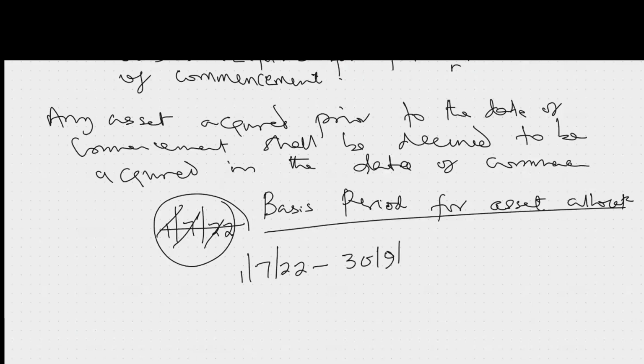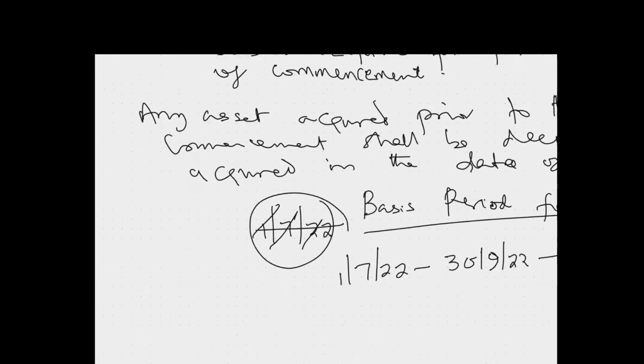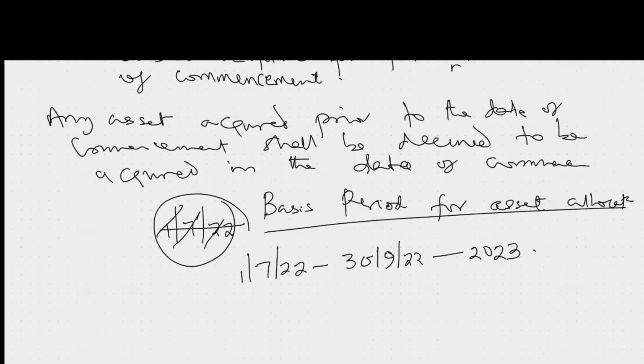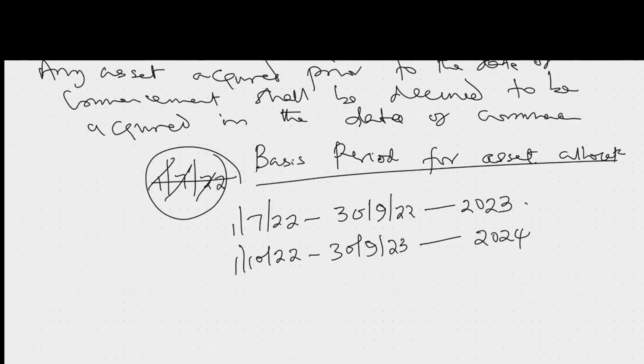When would this be assessed with tax? Who can tell me? 2023. So we said the next accounting year will be from a day immediately after the end of the accounting year to the end of the second accounting year, 2024. Next, a day after that, 2025.